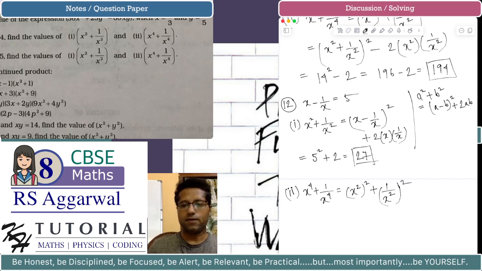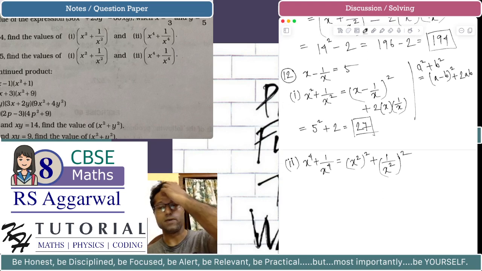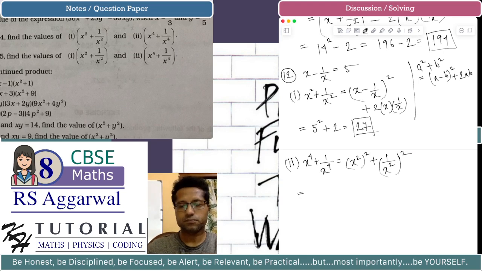So again we have the form of a square plus b square, where a is x square and b is 1 by x square. Now we will use the fact from the previous part, that is, we know the value of x square plus 1 by x square is 27.